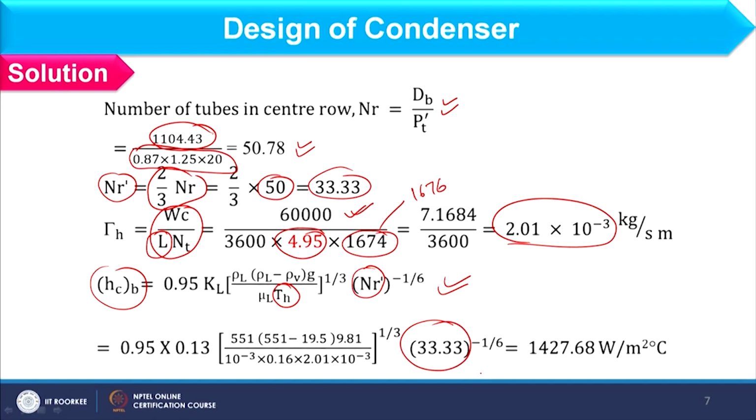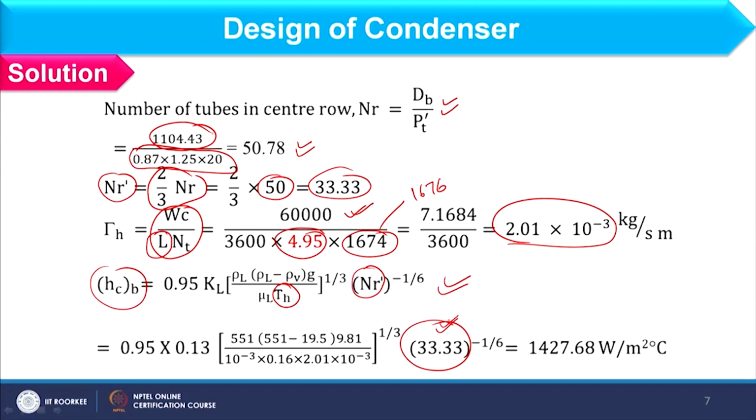Okay. And the reason behind this is that Nr dash is not a physical quantity which exists in the bundle. This is only to find the averaging of the bundle, right. So, Nr will exist because that is the number of tube rows, so that we made a complete number. Okay.